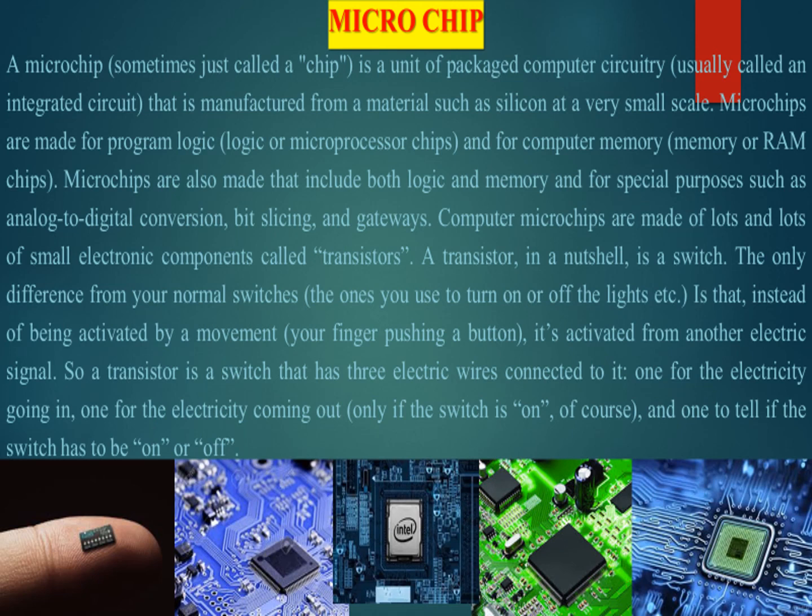So a transistor is a switch that has three electric wires connected to it, one for the electricity going in and one for the electricity coming out, only if the switch is on or off, of course. And one to tell if the switch has to be on or off.